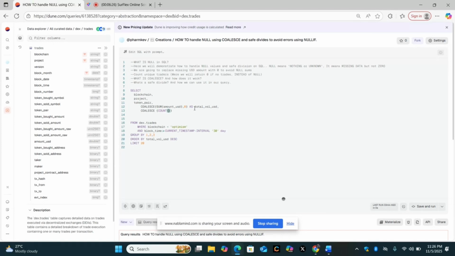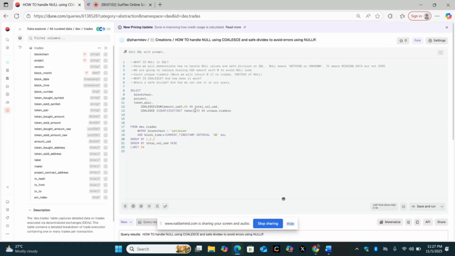So we are going to write distinct takers as unique traders.